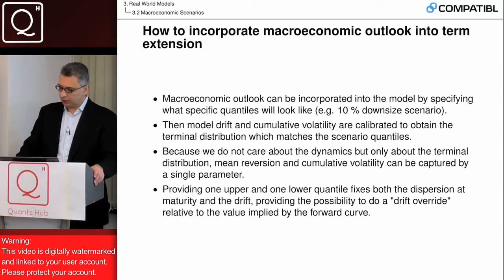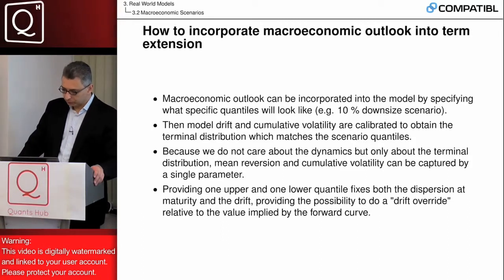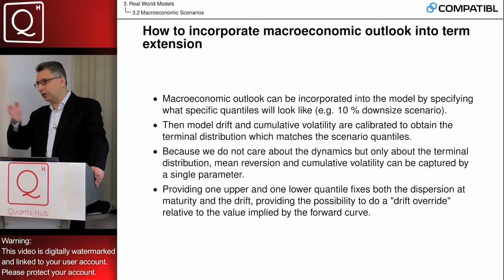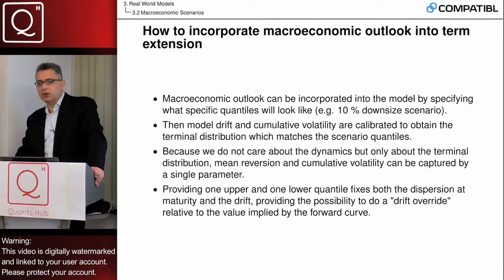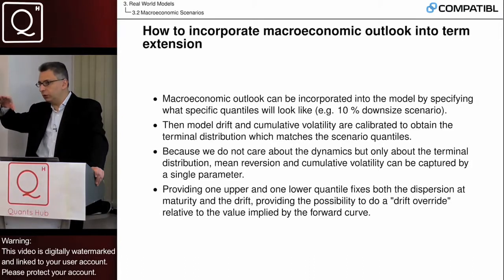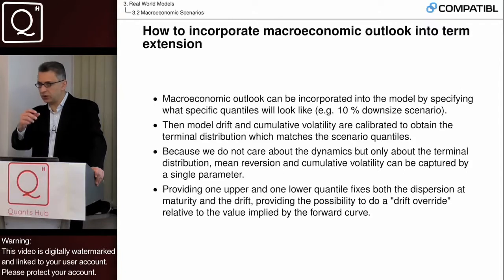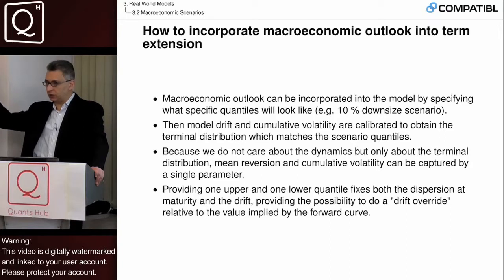Or the economists may just say the rate. So sometimes it's one quantile, sometimes it's multiple quantiles, and sometimes it's just the override on the drift, right? So in other words, instead of assuming that the future value is whatever is implied by the forward, or today's value, or one of these estimates, which are essentially an adjustment to today's value, which normally is less than 30% in most cases, so it's not a huge adjustment, they can say, actually, we believe that this is where the FX rate is going, right?